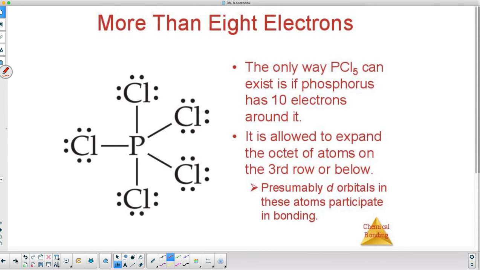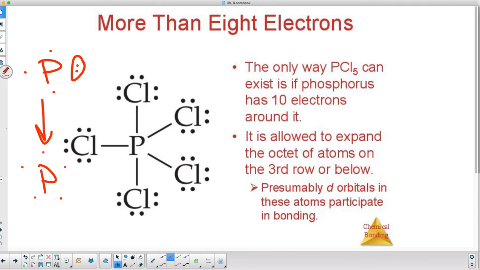So how about more than 8 electrons? If you remember, phosphorus has a dot diagram that looks like this. It looks very similar to nitrogen's, where I have 3 single electrons, and then a pair of what we call lone pair electrons. Well, sometimes phosphorus will do this instead.